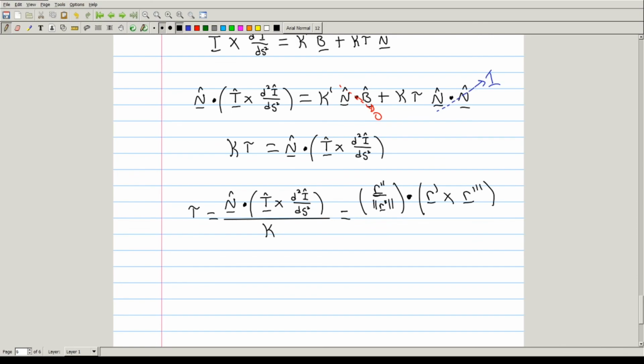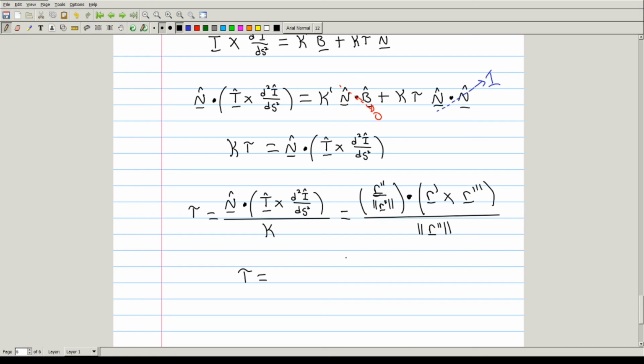Because remember, t hat is r prime, or the first derivative of r with respect to arc length. So the second derivative of t hat with respect to arc length is actually the third derivative of r with respect to arc length. All of this is divided by the magnitude of the second derivative because of this curvature right here.